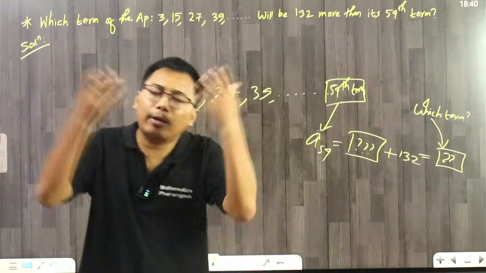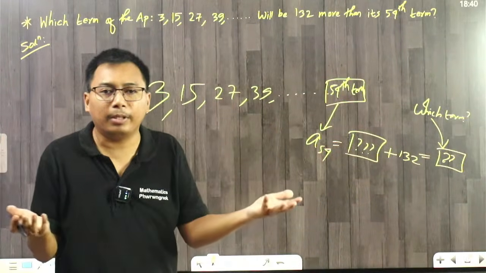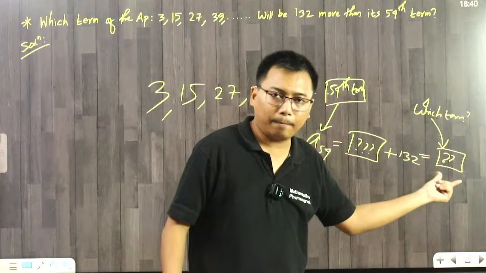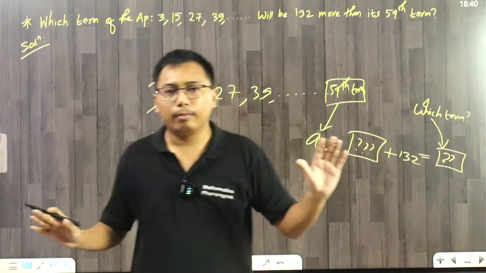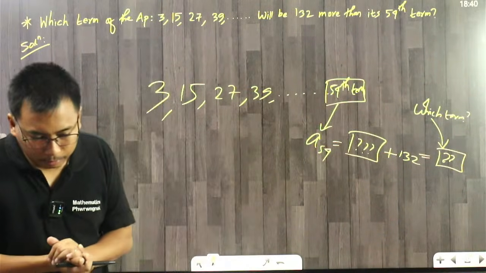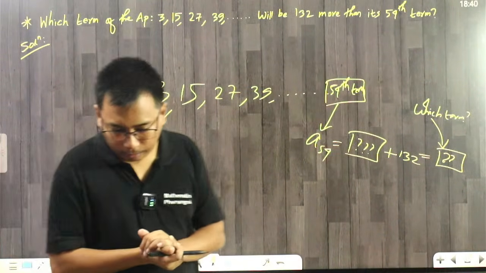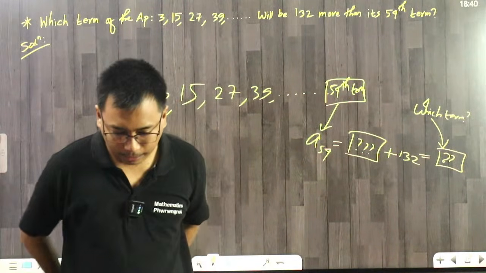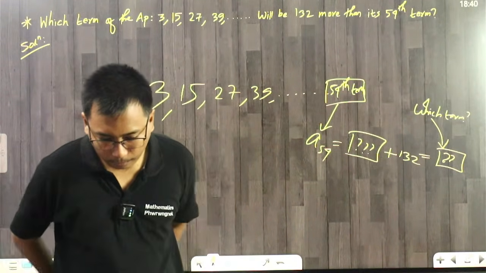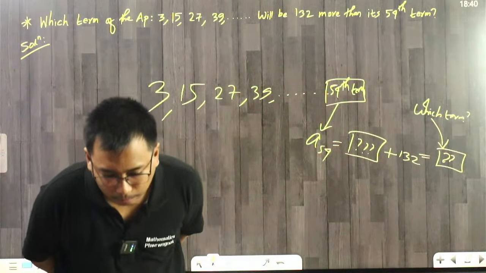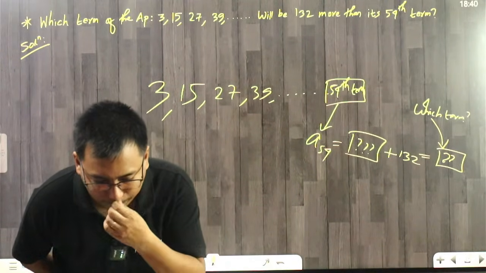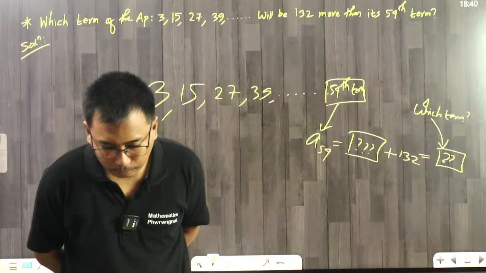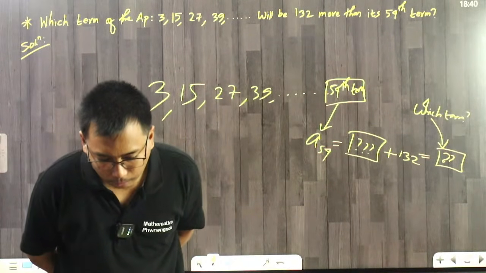Is it the 64th term? Is it the 101st term? Is it the 70th term? Is it the 80th term? We have to find this. Do you understand the question? Yes or no? Tell fast.